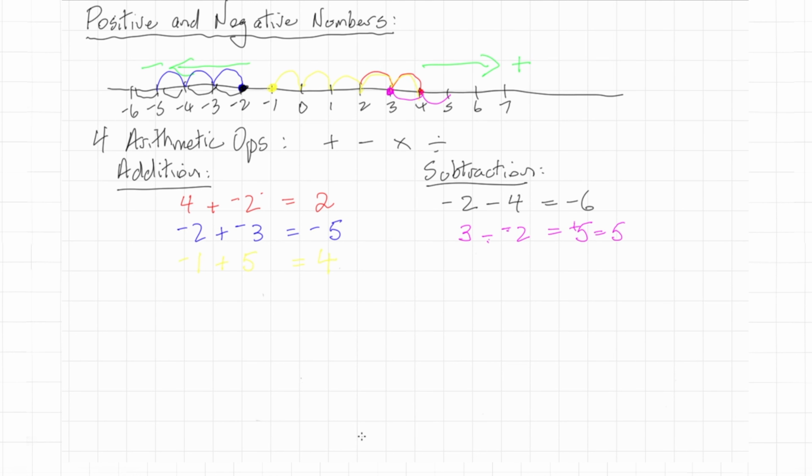So there's addition and subtraction. Multiplication and division, I'll do them together. The rules are pretty much the same.